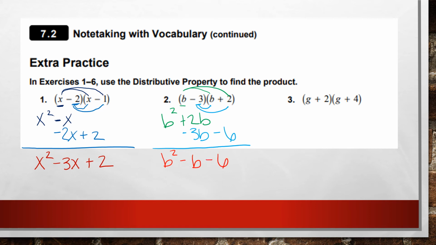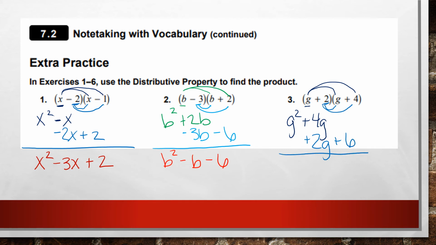Again, I would try the same thing for 3, maybe do a little bit of it on your own and then come back and see how you did. So this would be g squared plus 4g plus 2g plus 6. Add straight down and I have my final answer here.